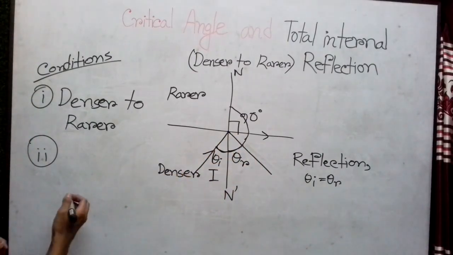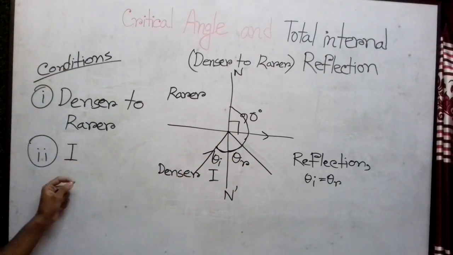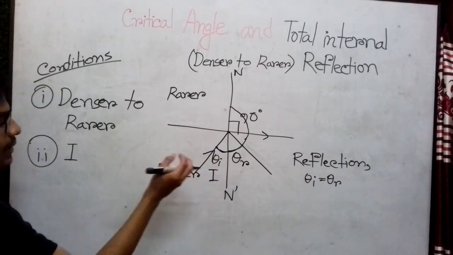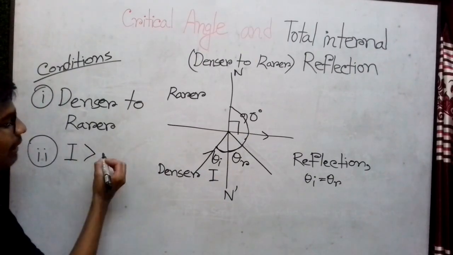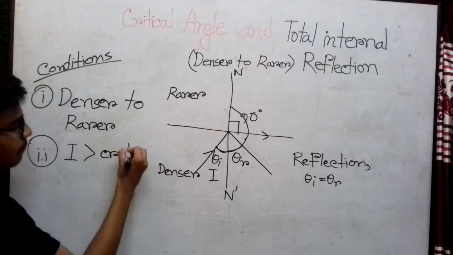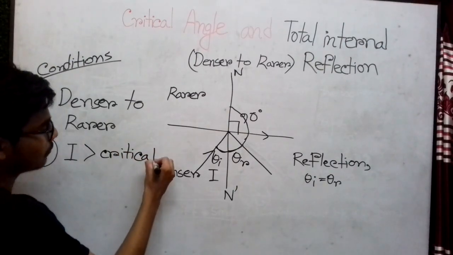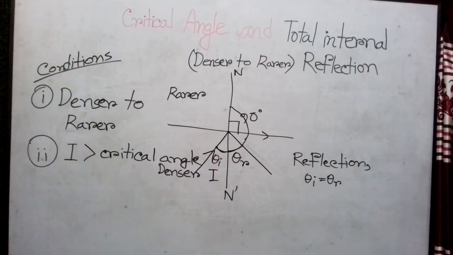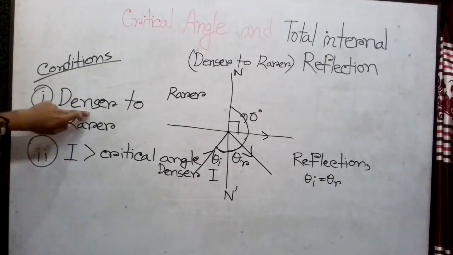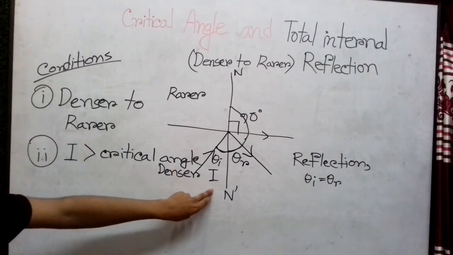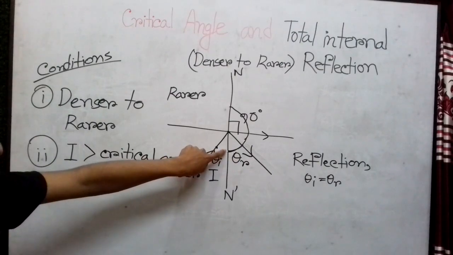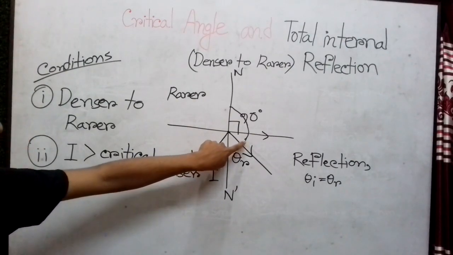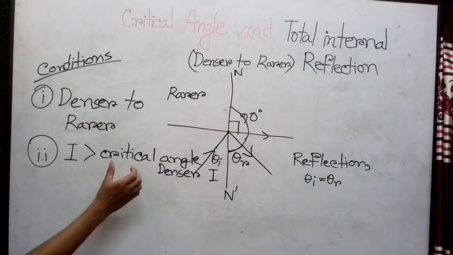So here I consider the angle of incidence as capital I, which will be greater than the critical angle. So these are the two conditions. That means the light rays have to pass from denser to rarer medium, and the angle of incidence will be more than the critical angle, because here you can see it is more than 90 degrees. Okay, so this is total internal reflection.